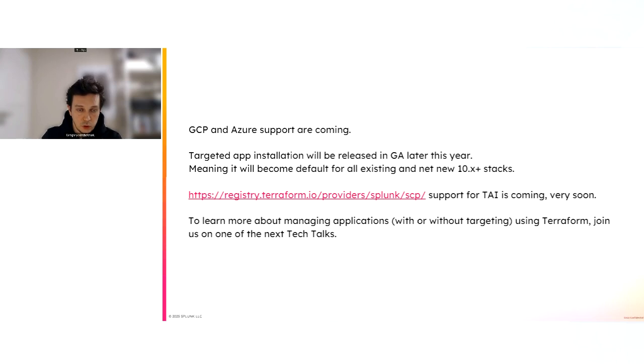We will reach a point during this year when we will enable this for the entire fleet on AWS, GCP, and Azure, in 10.2. We will announce this on the blog post and everything, but we'll enable this for our entire fleet all in one go.